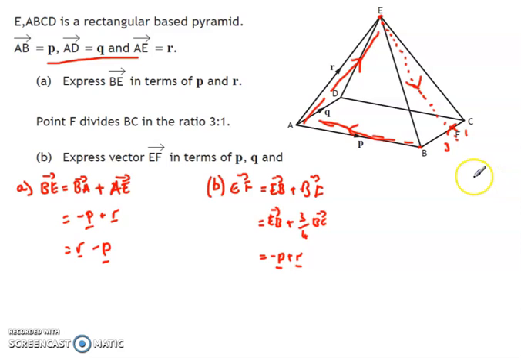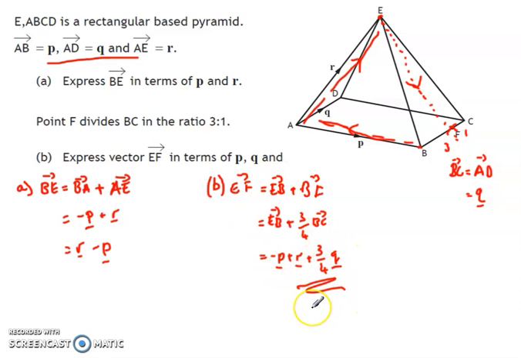What that means is the vector b to c is equal to the vector a to d, so it's equal to the vector q. So I've got to add on 3/4 of this vector b to c, which is q, so it's plus 3/4 of q. That there is the vector e to f in terms of p, r, and q.